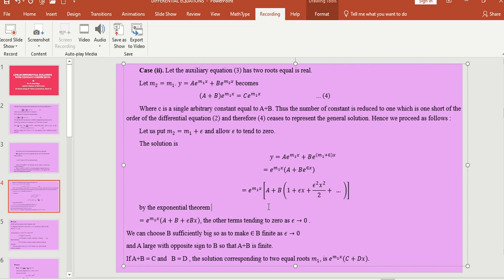If a plus b equal to c and b epsilon equal to d, then the solution corresponding to equal real roots is e power m1x into c plus dx.